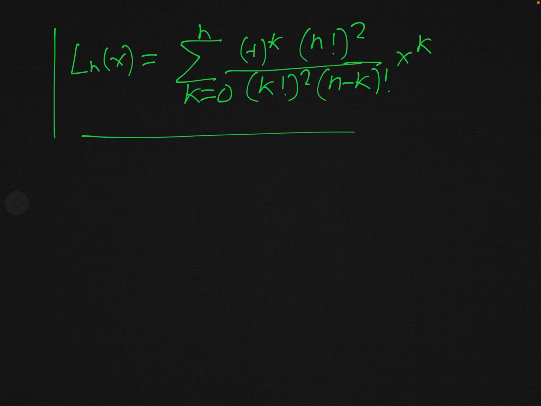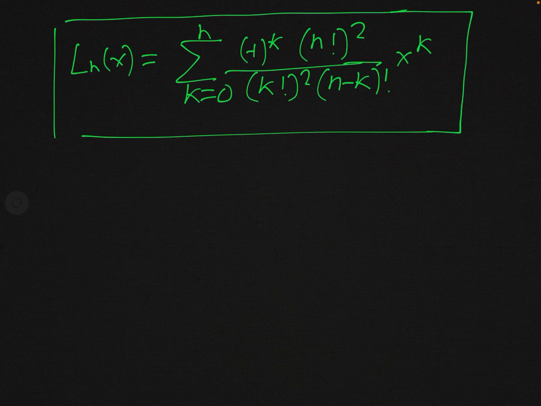So this is the defining equation of Laguerre polynomial of degree n. Now, on the basis of this definition, we can easily find the Laguerre polynomial of different degrees for different values of n. For example, I am giving here some of the values, and you will try yourself to get the other degrees Laguerre polynomial yourself.